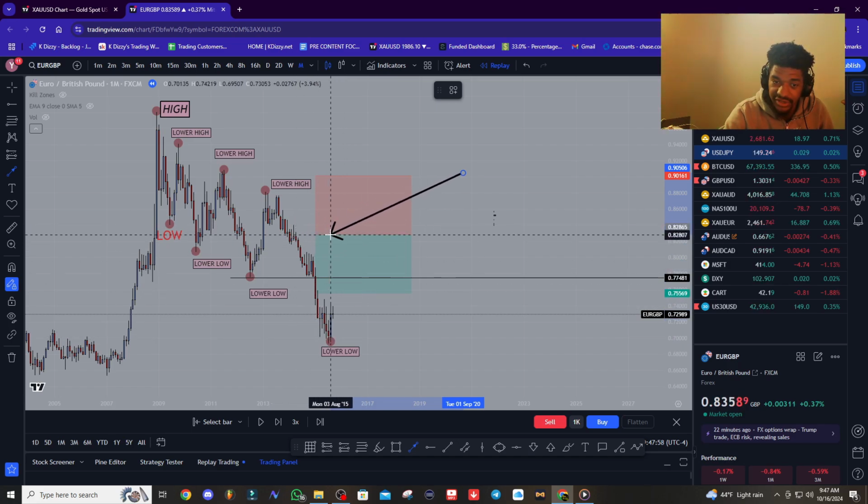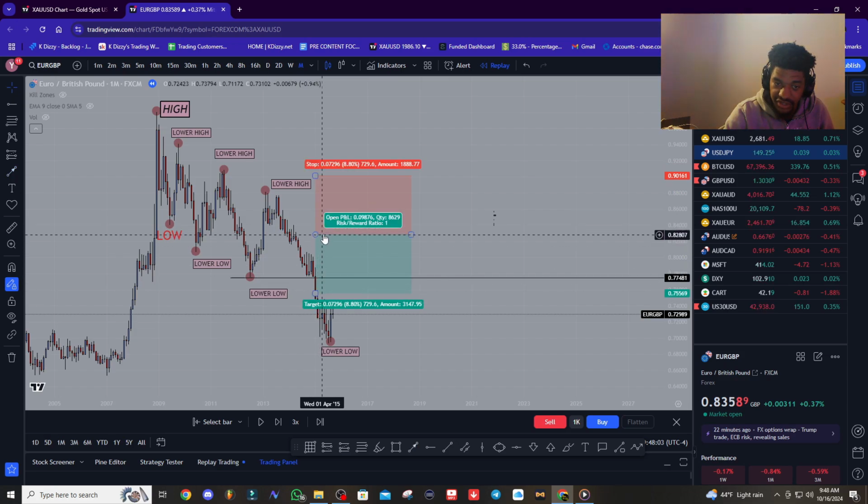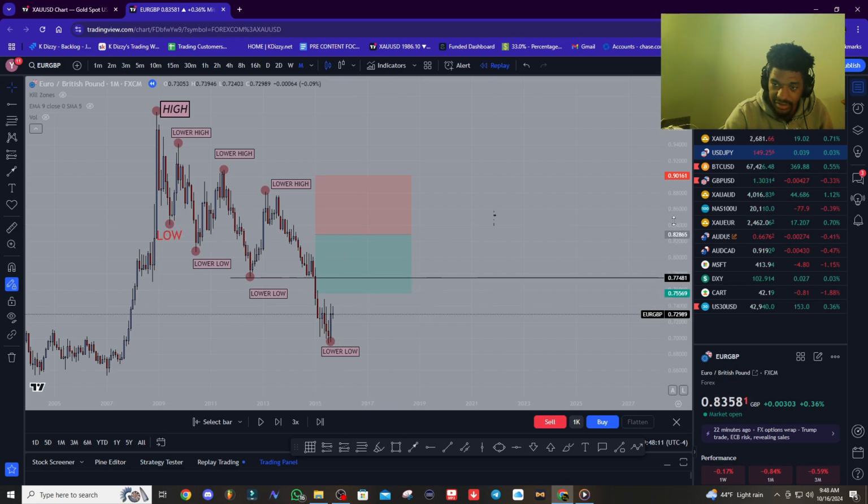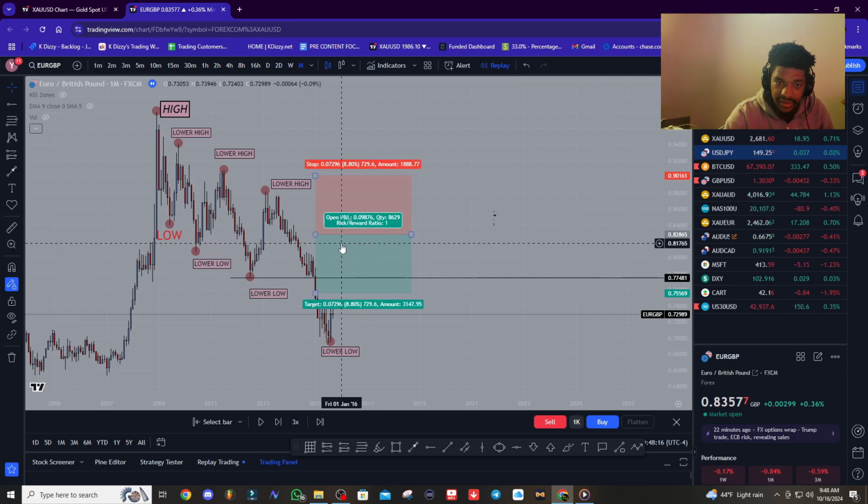But say you entered in here, this move right here from your entry point right here. The middle of the two colors is your entry. Or you can look over to the right and see the middle, 0.82865 is your price, your entry price. So where you got in.